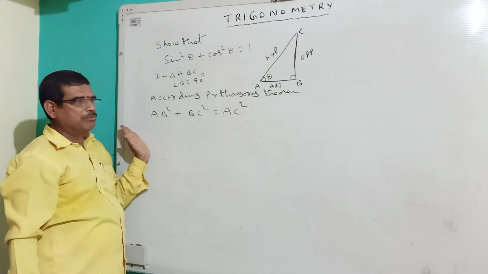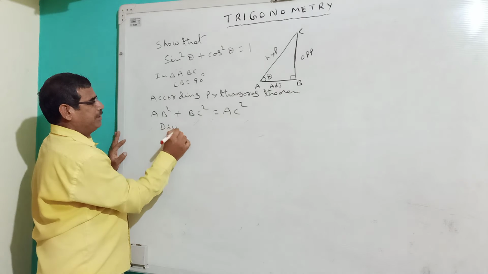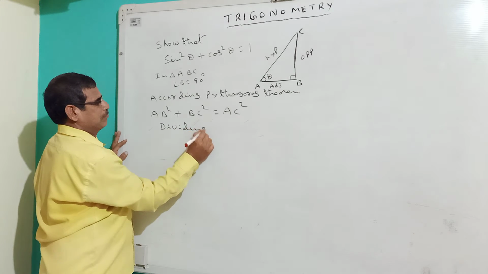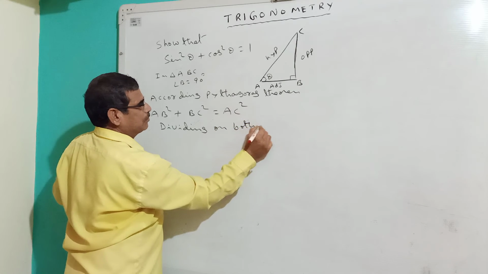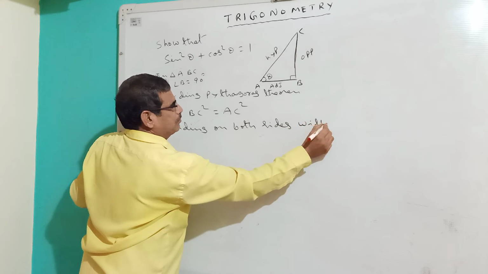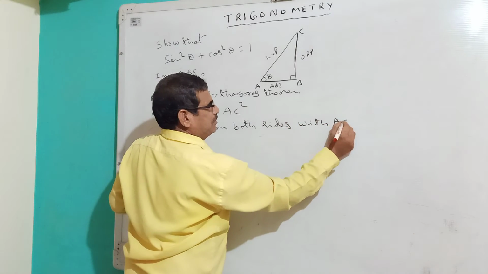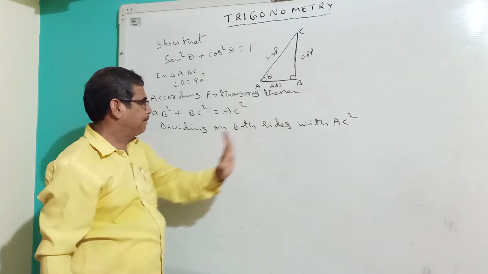Here I am dividing on both sides with AC square.